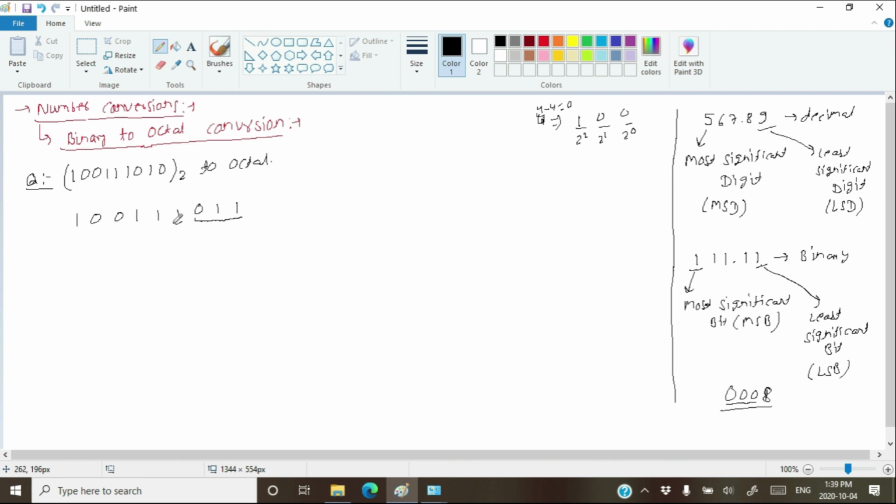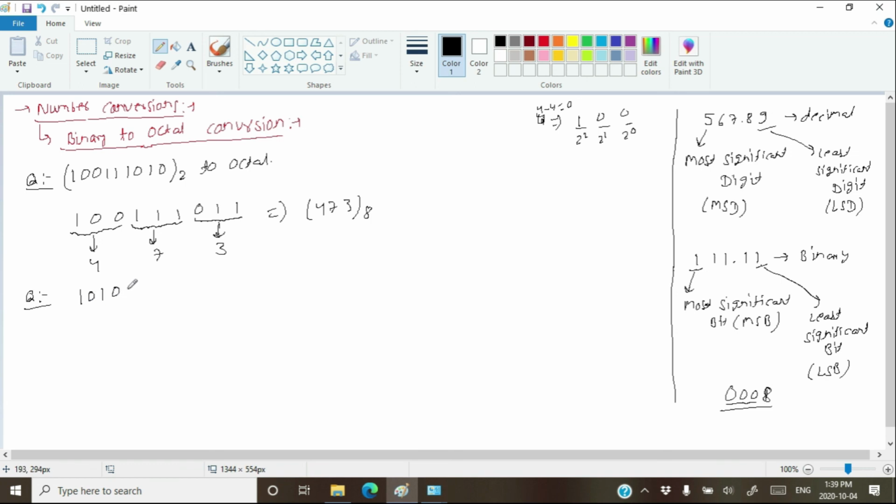That means make groups of 3 bits per group. After making the 3-bit groups, you just convert each 3-bit binary into decimal. Here it is 2, here it is 7, and here it is 4. So this binary is equivalent to 472 in octal.